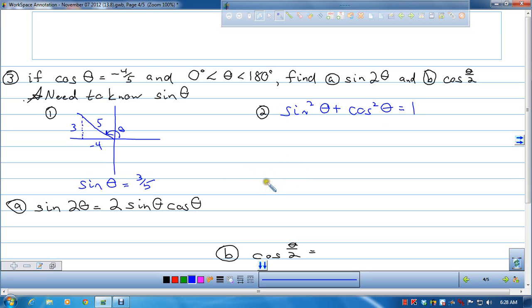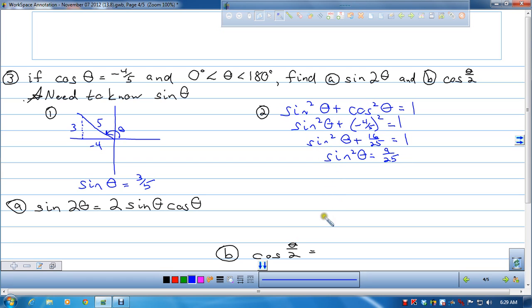If I fill in the blanks here, cosine is -4/5, so sine squared plus -4/5 squared equals 1. So sine squared plus 16 over 25 equals 1. If I want to solve for sine squared, I'd subtract 16/25 and get 9/25.